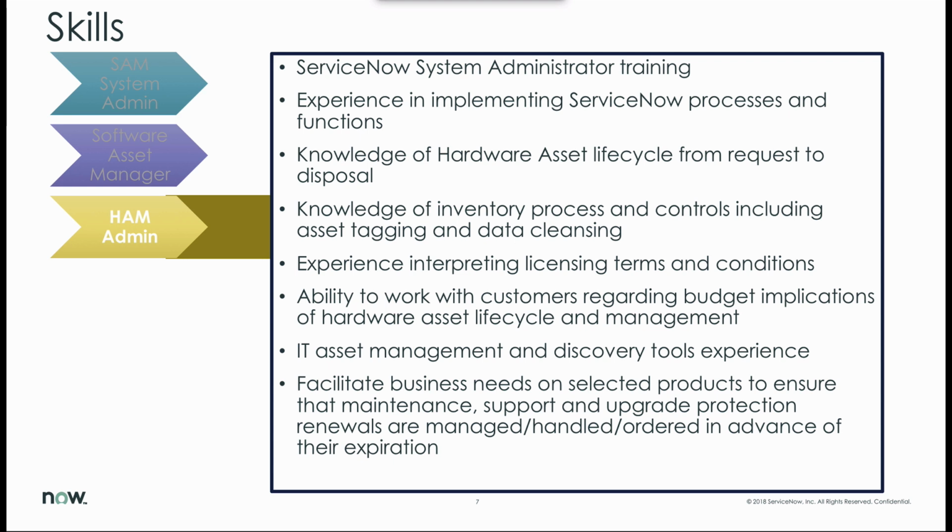But really from a HAM admin perspective, we're looking at the ability to understand the hardware processes, requests to procurement, receiving, as you would do also on the SAM side, understanding contracts and how they relate to assets, and what other discovery tools are bringing in configuration data that may affect the asset as well. So just having an understanding of not just the system in terms of tool understanding, but also just overall hardware lifecycle as well.